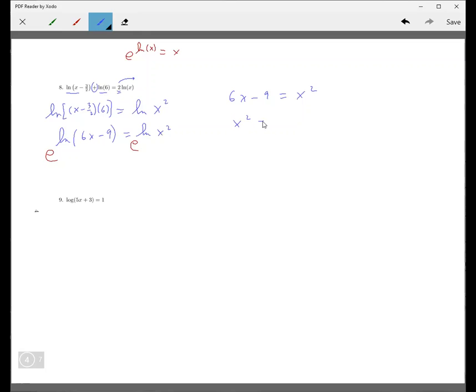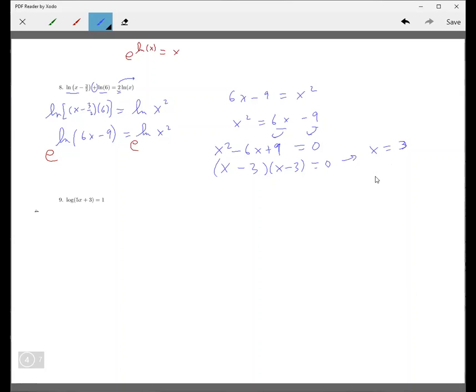Let me rewrite it like this, just so that I have this x squared over here leading. So bring these things over here. x squared minus 6x plus 9 equals 0. And this factors into x minus 3 and x minus 3.